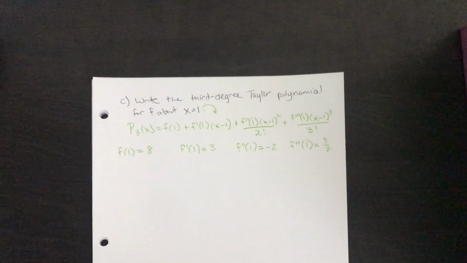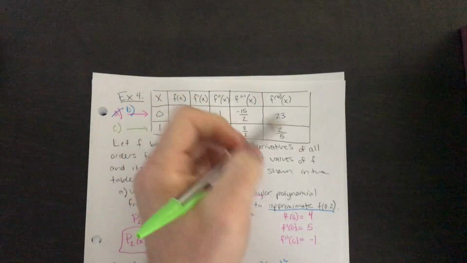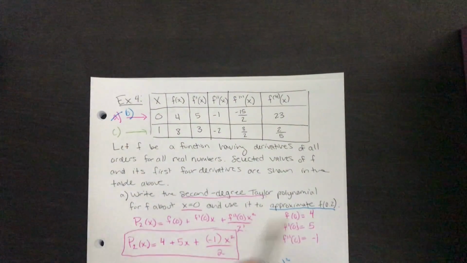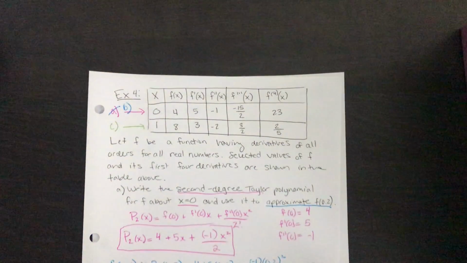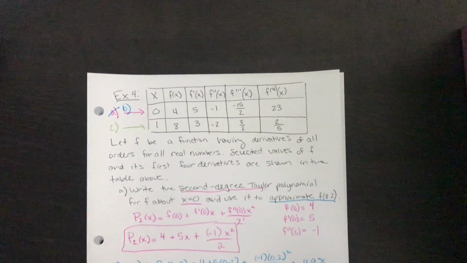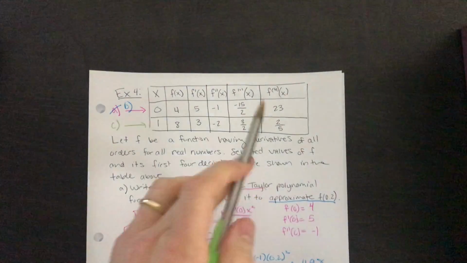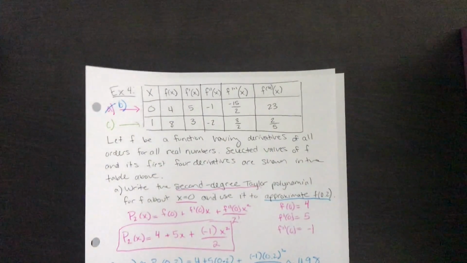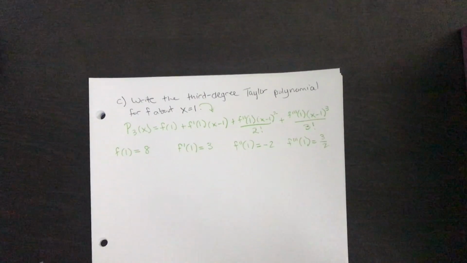So one thing to note here, I will bring the table over for this, is we never used this fourth derivative. It's kind of a trick on part B, they want you to think that you need to actually use the fourth derivative of f, and use those values, but you don't actually need it there. So sometimes they put more information than you actually need.